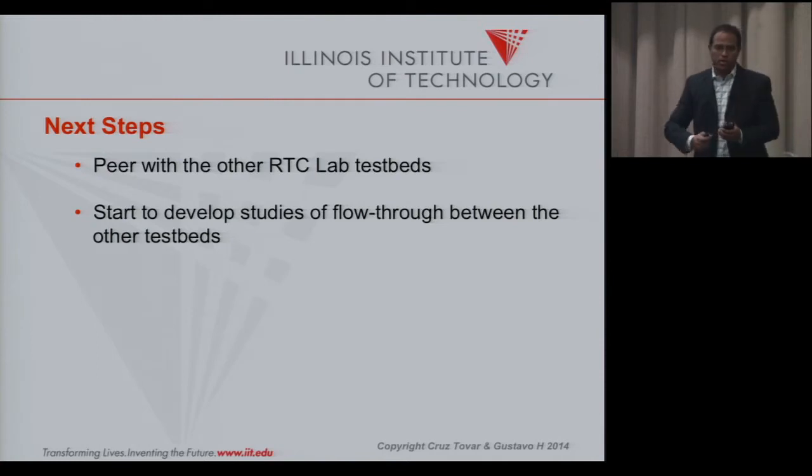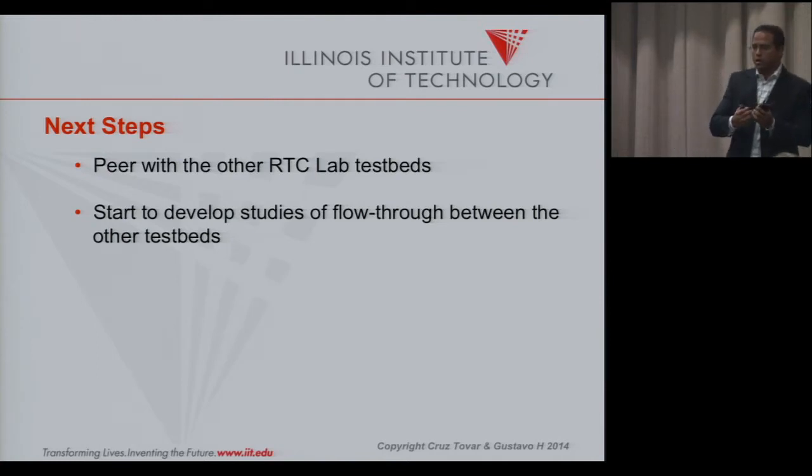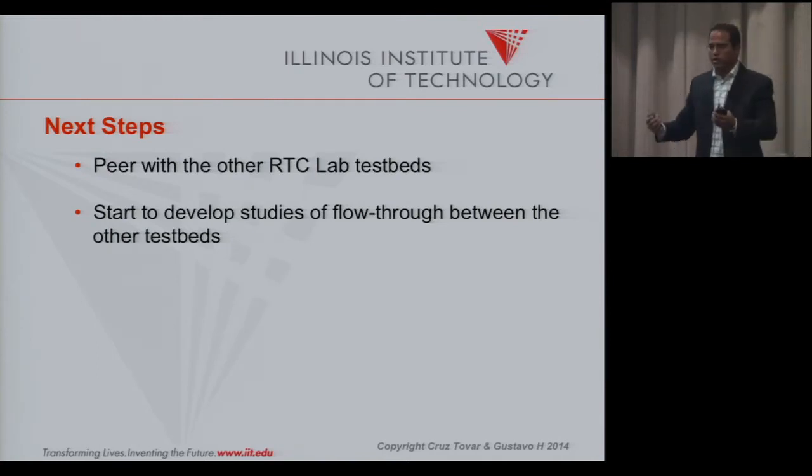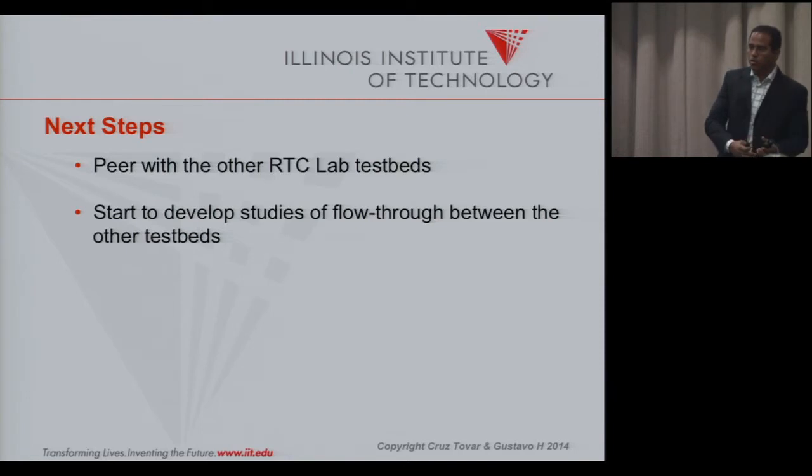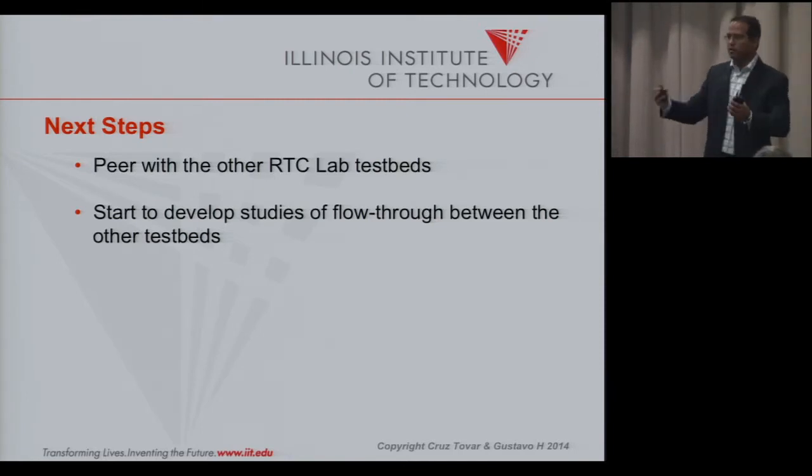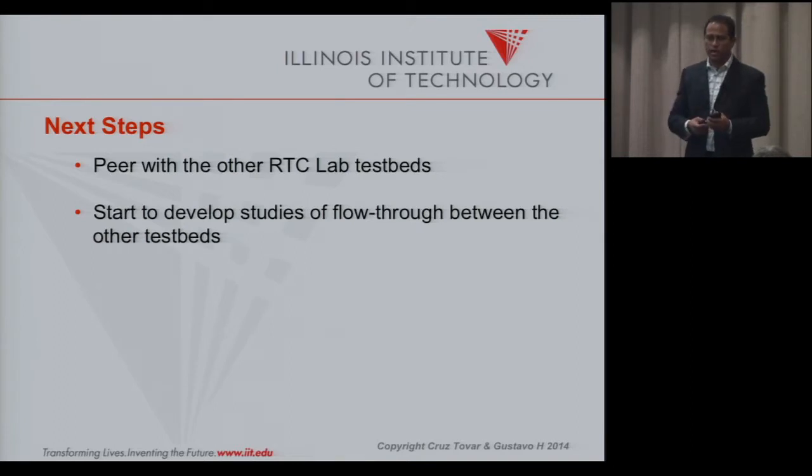So as we stated at the beginning, our goal is to make calls end-to-end from Voice over IIT and Mobility. But this is not the final goal of the Real-Time Communication Lab.